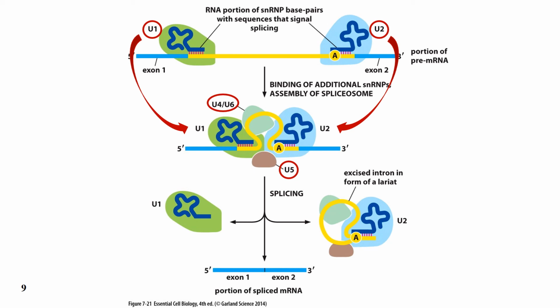Once splicing has occurred, U1, U2, and the excised intron in the form of what we call a lariat, so this is a lariat like you are going to be lassoing cattle, with the branch point A being sort of that knot in the lariat. That lariat is removed with U2 snurp, and ultimately that intron is degraded and the ribonucleotides are recycled into a new pre-mRNA.